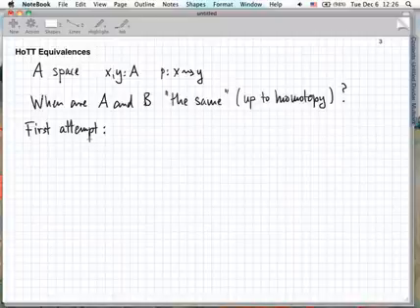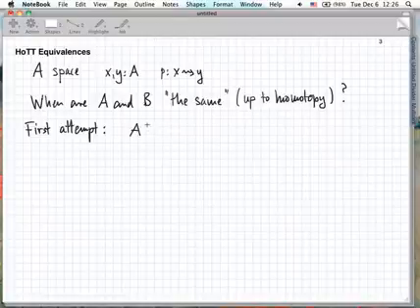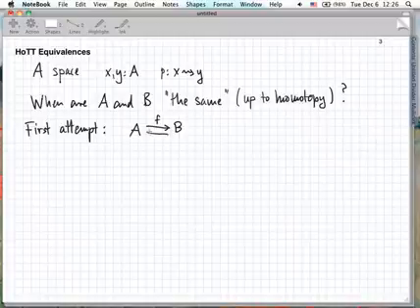So the first attempt would be just to phrase as strongly as we can that the spaces A and B are isomorphic in the sense that there are maps going back and forth. So we say, okay, here's our first attempt. We're going to say spaces A and B are the same if there is a map going in this direction and another one going back, such that something happens.